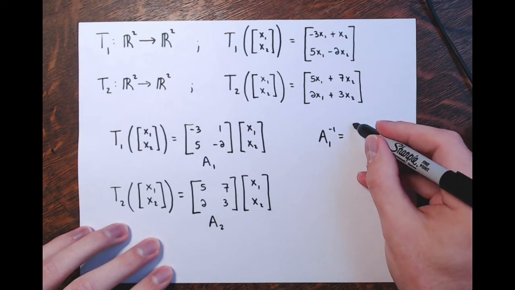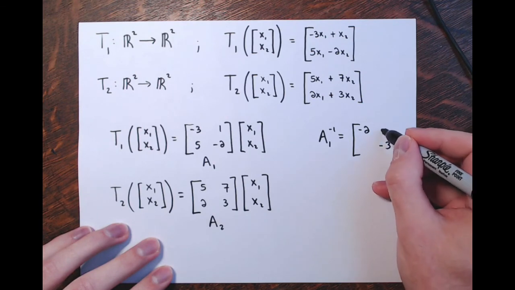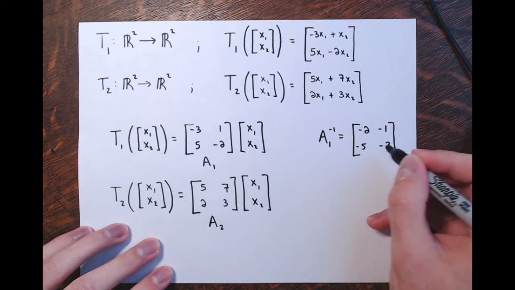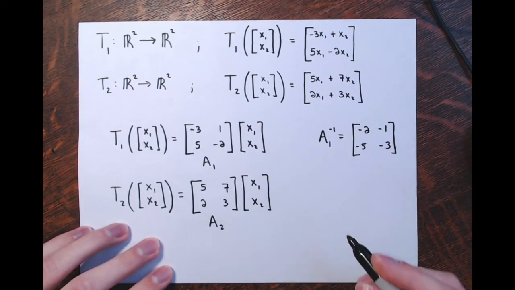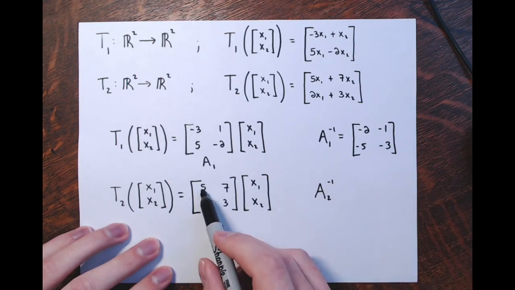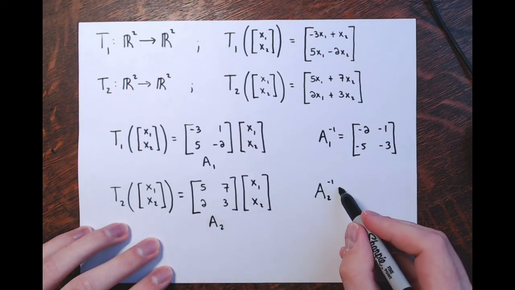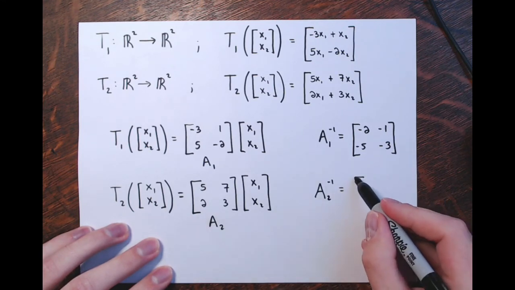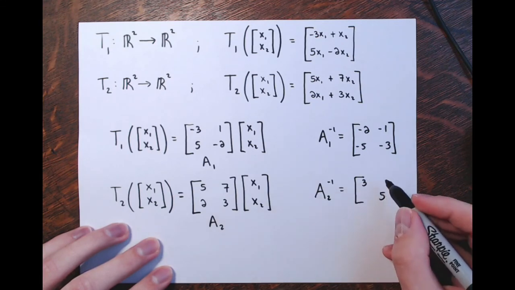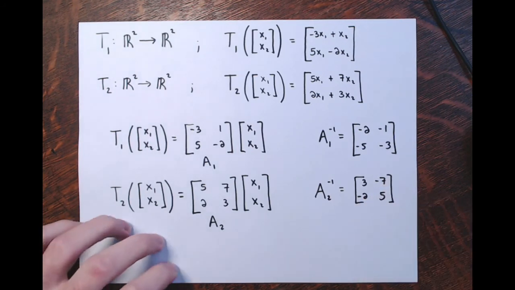And then you just switch the main diagonal entries and take the opposites of the other two off diagonal entries, right? So this would be A1 inverse, and same thing for A2 inverse. This A2 has a determinant of 1 as well, 15 minus 14. So the A2 inverse is 1 times, and then again switch the main diagonals, 3 and 5, and then take the opposite of the other two.